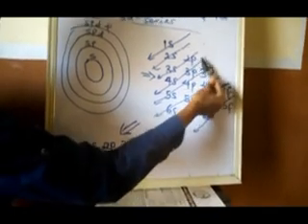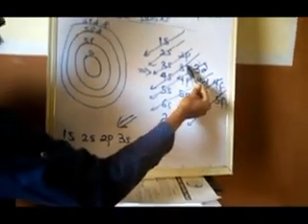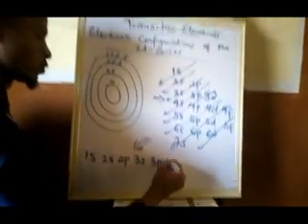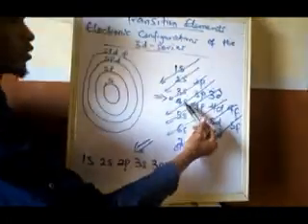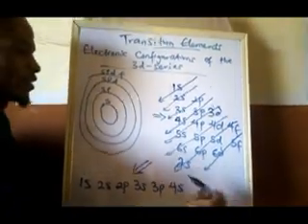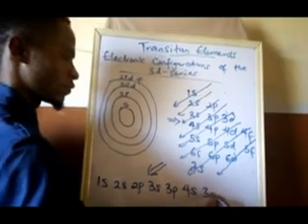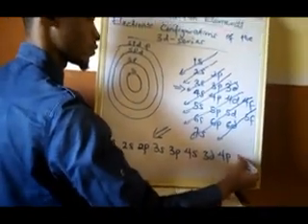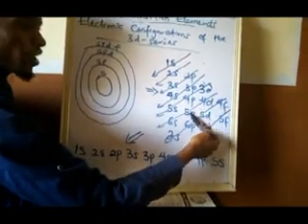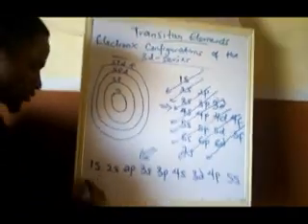After this, we go to the next diagonal line. We have 3p 4s. Then we take the 3d 4p 5s, followed by 4d 5p 6s.